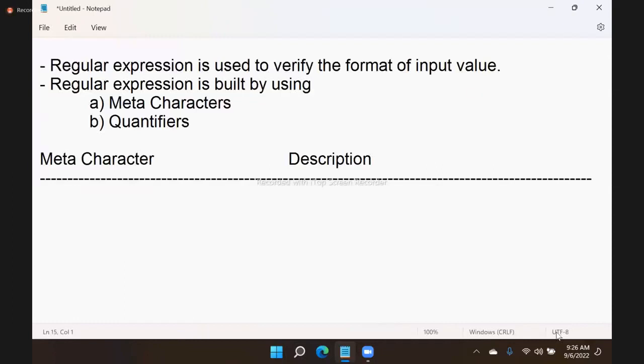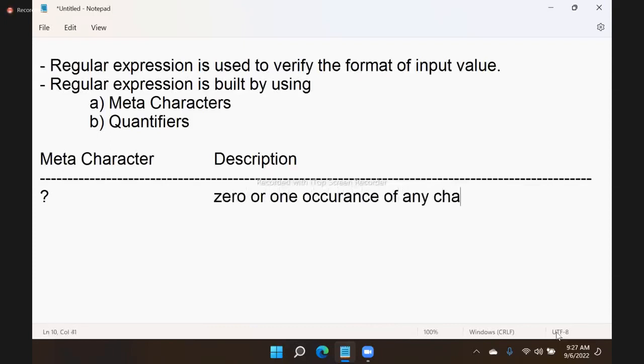First, we have the meta character question mark. Yesterday we discussed that. Question mark defines 0 or 1 occurrence of any character.